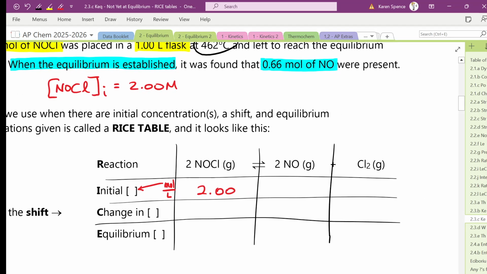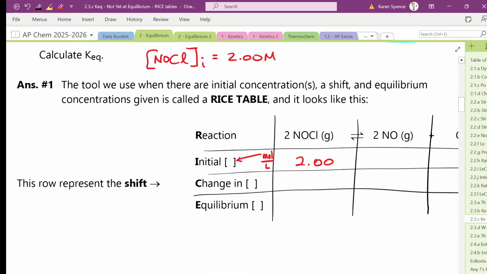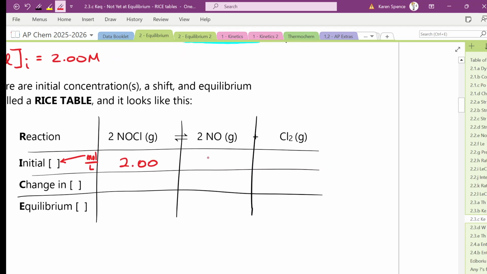All right. How much NO and Cl2 do we have at the very beginning? None, because it says we placed some NOCl into a container. How much of the other things did we place into the container? Nothing. If we don't say it, there's nothing.